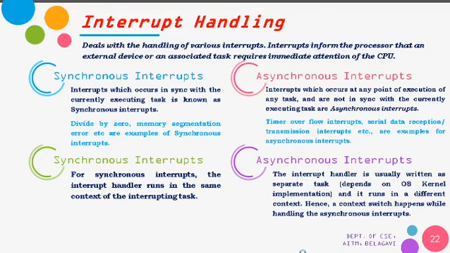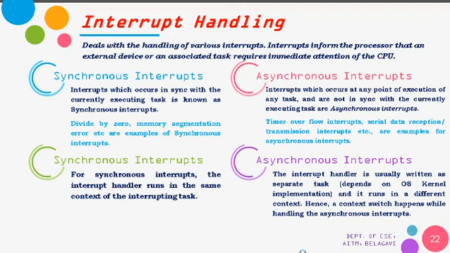For synchronous interrupts, the interrupt handler runs in the same context as the interrupting task. Whereas asynchronous interrupts are interrupts which occur at any time during the execution of any task and are not in synchronization with the currently executing task. For example, timer overflow interrupts, serial data reception or transmission interrupts, etc. are examples of asynchronous interrupts.